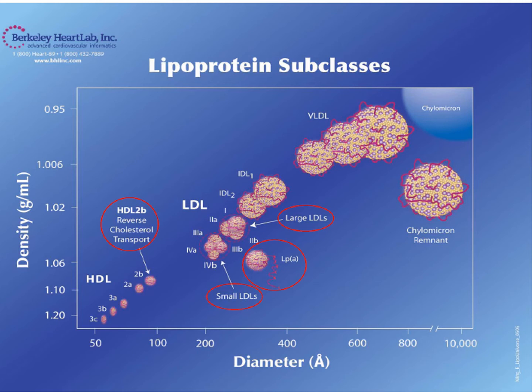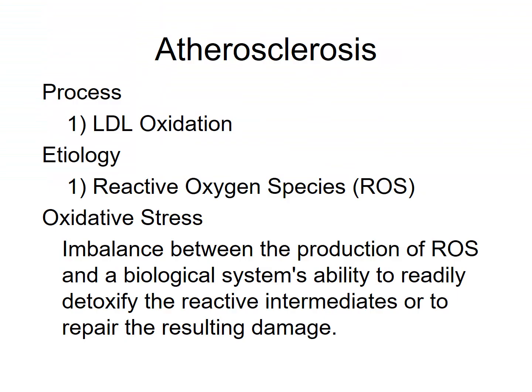They can, but we're talking about plaque formation. And so the small LDLs are going to have a bigger impact on plaque formation than what they call large buoyant LDLs. That's why, when we were talking about metabolic syndrome, if you remember, one of the categories was small, dense LDLs as part of the metabolic syndrome.